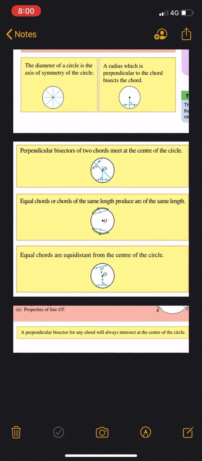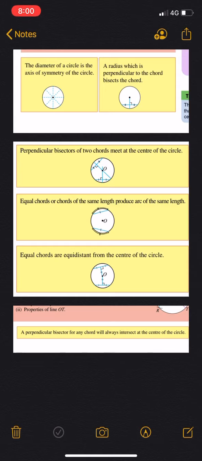Last but not least, a perpendicular bisector for any chords will always intersect at the center of the circle. Basically this one is just the same as the third one. Perpendicular bisector of two chords meets at the center of the circle.